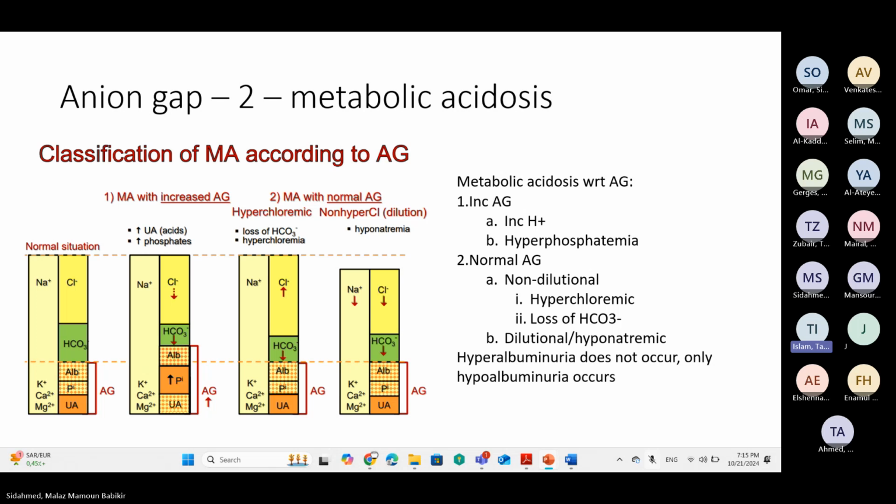So in this case, since all anions are going down, in case of dilutional or even concentrated, which is in metabolic alkalosis, the anion gap remains normal. That was a bit complex, but I really hope you understood why exactly dilutional concentration does not really cause any changes in the anion gap. So you can go to the next slide.